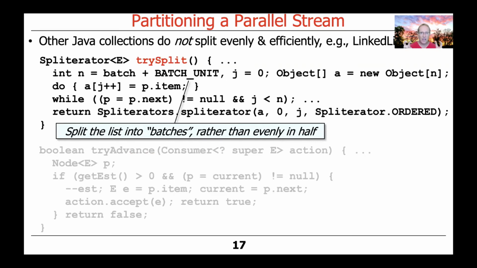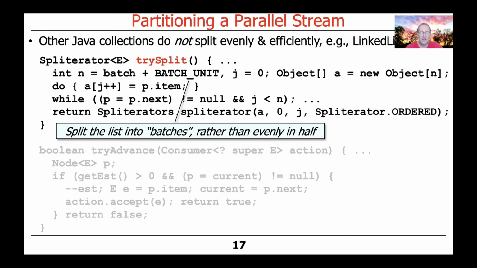At that point you could split it evenly, but it would take a long time to find the midpoint, especially if there's a big list, because you don't have random access. A linked list is not a random access collection, whereas an array list is. You can find the midpoint just by doing a computation. Of course, you have to compute it correctly, but once you do, it makes life easier.